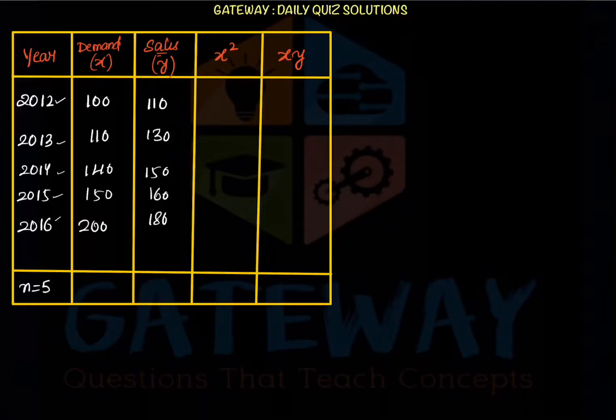And next demand. Here we will calculate the total summation of x, and that comes out to be 700. And we will make the total summation of y, and that comes out to be 730. Now we will calculate the value of x square: 100 square, 110 square, 140 square, 150 square, 22500, 200 square, 400.